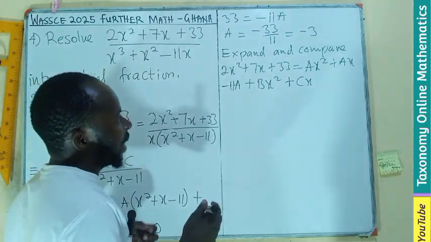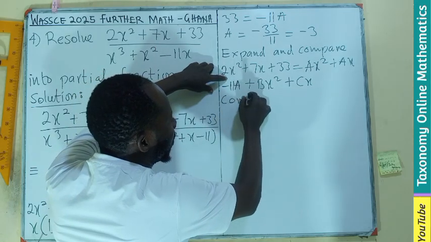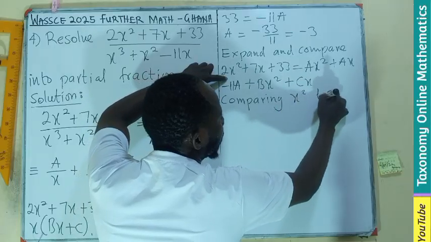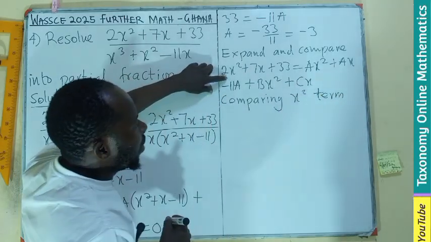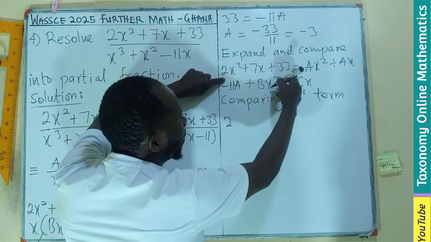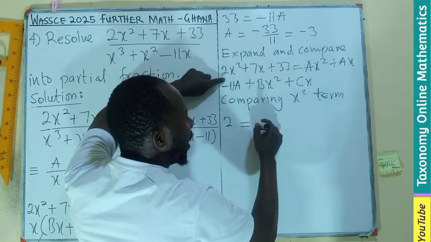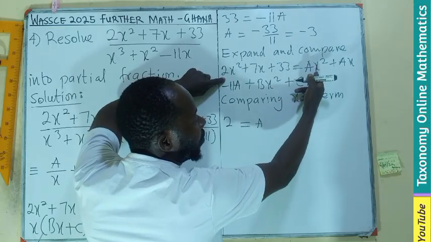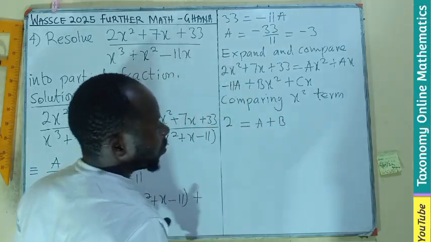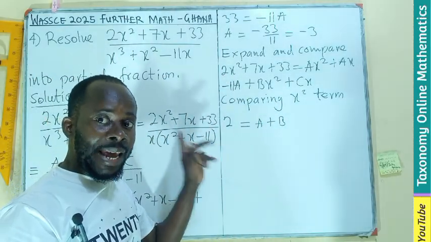If I compare the x² term, whatever is in front of x² on the left is 2, equal to A plus B, because the coefficient of x² on the right is A plus B. All the variables are gone: C is gone, B is there, A is known.